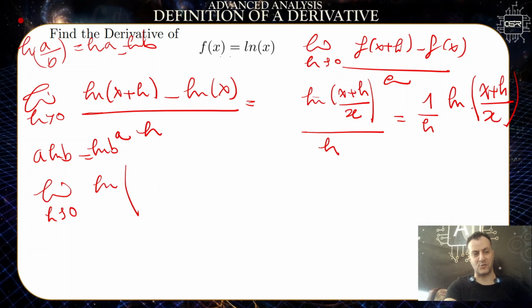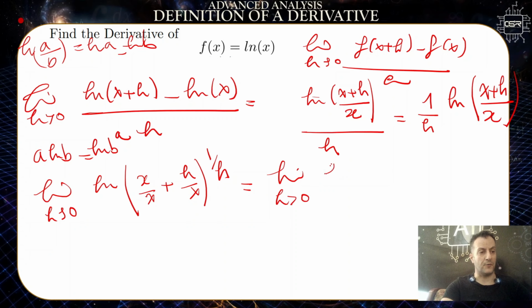Let us factor out and decompose this quotient. So it is ln of ((x over x) plus (h over x)) to the power of 1 over h, equal to the limit as h approaches 0 of ln of (1 plus h over x) to the power of 1 over h.